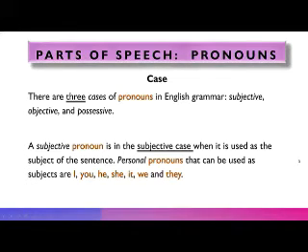Parts of speech, pronouns. Case. There are three cases of pronouns in English grammar: subjective, objective, and possessive. A subjective pronoun is in the subjective case when it is used as the subject of a sentence.